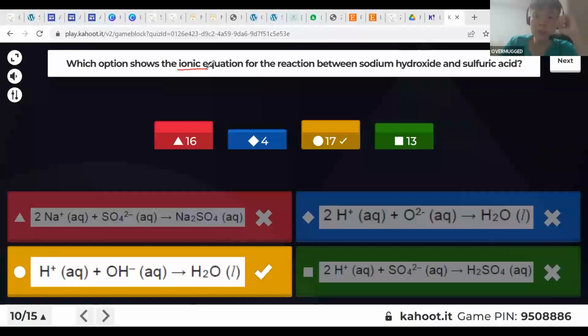The ionic equation for any hydroxide and acid, 95% of the time is just H plus plus OH minus. Acid plus alkali is known as a neutralization reaction, giving water. They will try to distract you with a lot of nonsense.